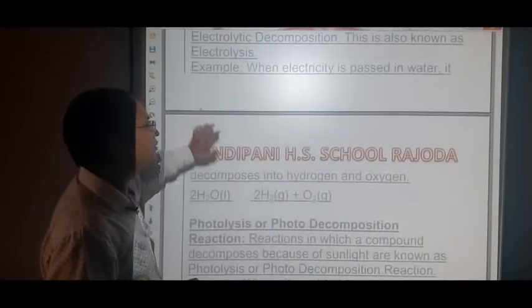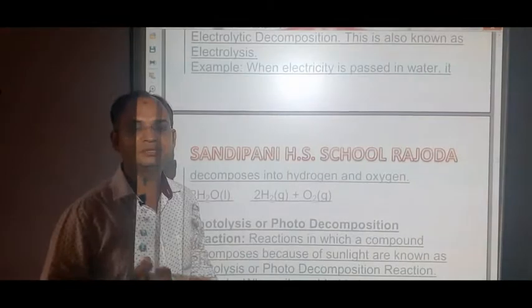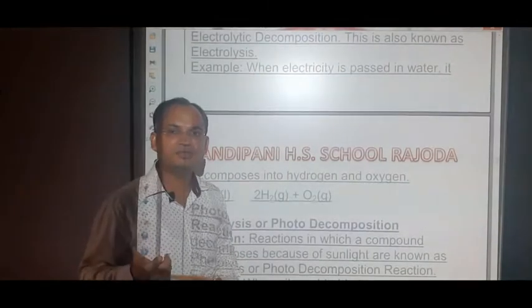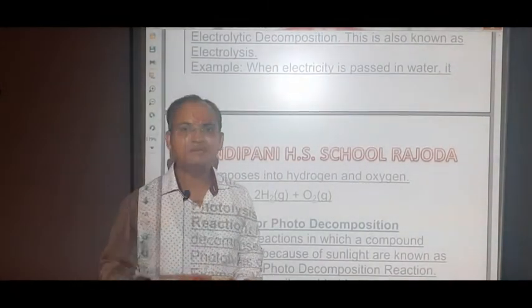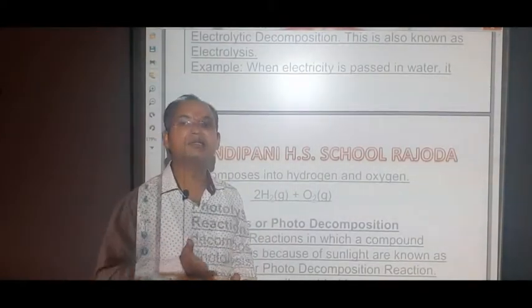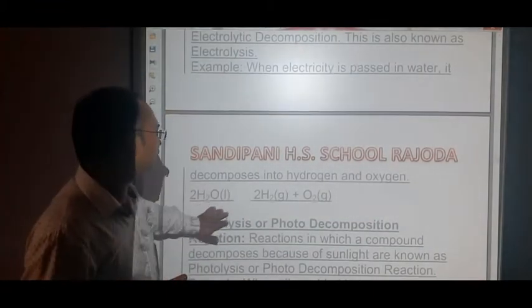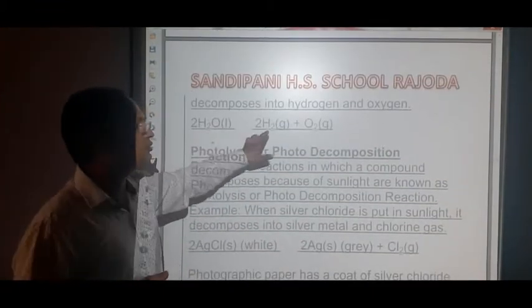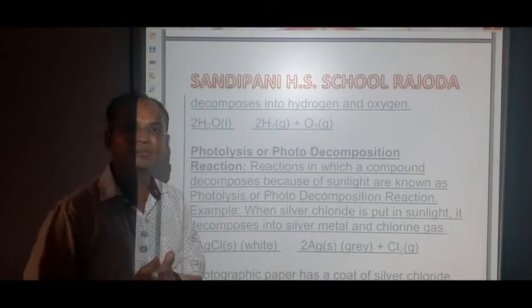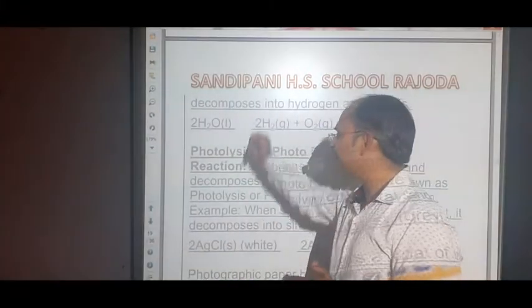We have seen an example of electrolytic decomposition, that is breakdown of the water molecule. Whenever electricity is passed through water, water breaks down into hydrogen and oxygen gases separately. So students, this is electrolytic decomposition.